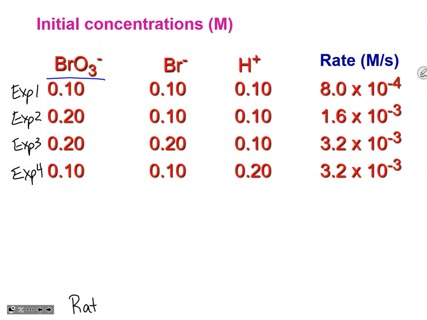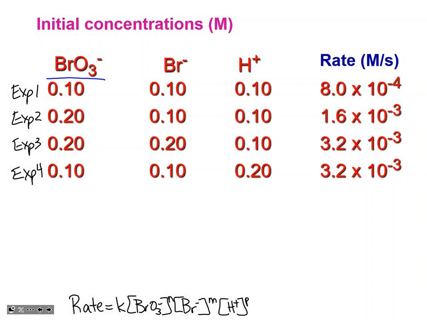So the rate equals K times the bromate raised to the N times the bromide raised to the M, and then the hydrogen here raised to the P, those order of reactants. That's the generalized rate law we will be using.